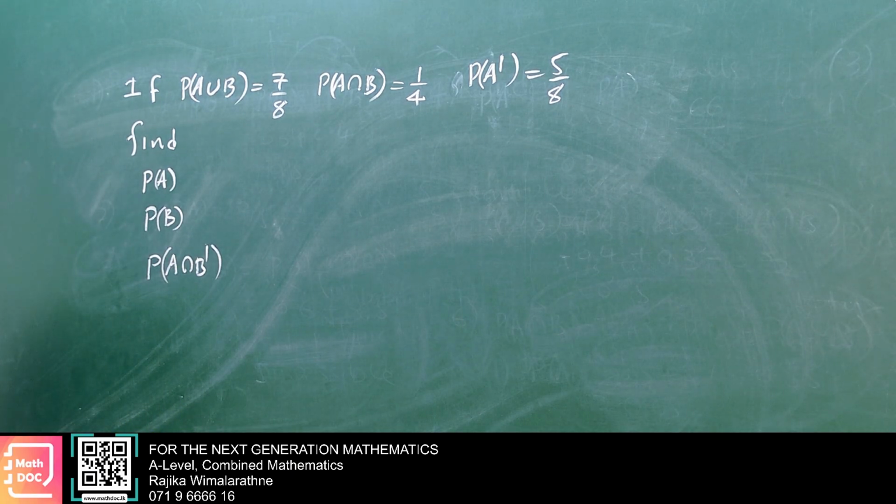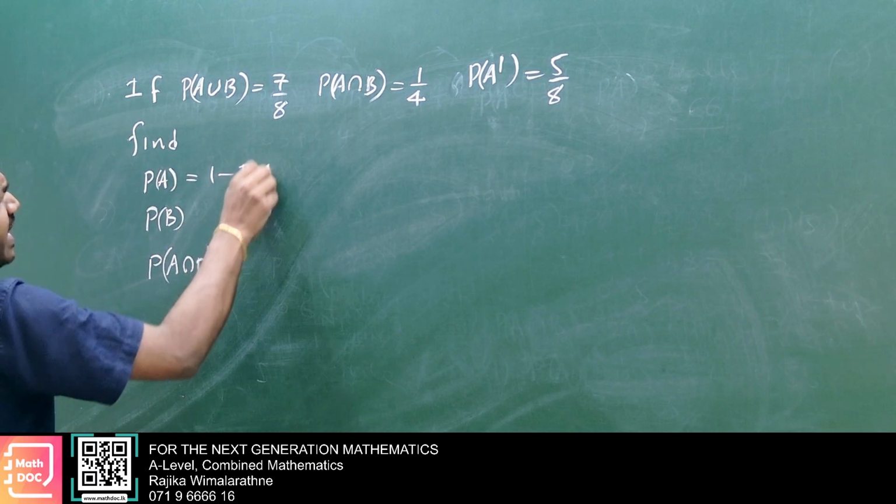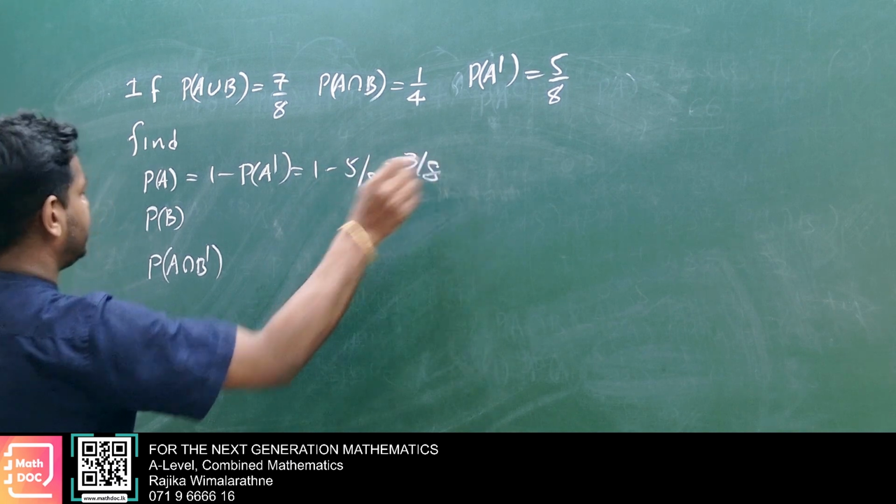Continue. P(A) is 1 minus P(A dash), 1 minus 5 over 8, 3 over 8.